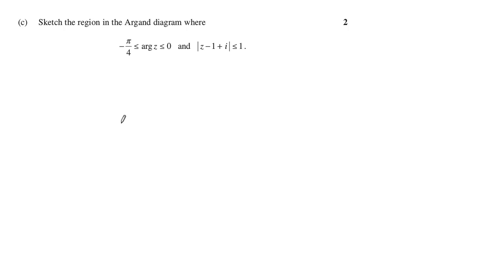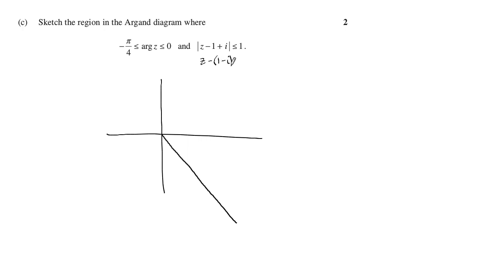Part C. Okay, so we want angles between minus pi on 4 and 0. So minus pi on 4 is out like that. So we're interested in z between these two lines. And for this one, you want to think of this as being z minus 1 minus i. So that means the distance between z and 1 minus i is less than or equal to 1.